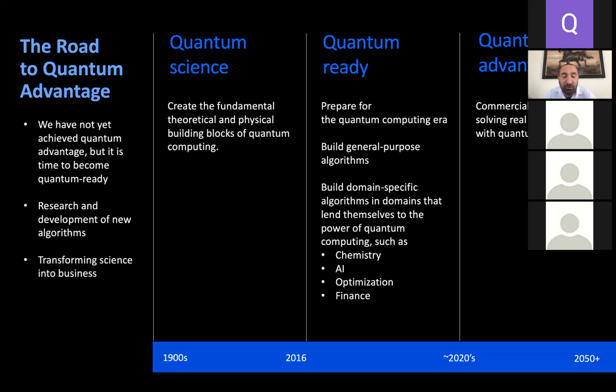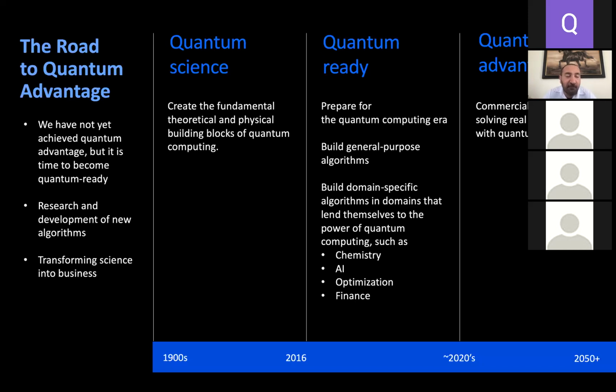Today's quantum computers don't have enough qubits, and even when they have a significant number of qubits, unfortunately they are hindered by quantum noise and short coherence time. So at this point we are on the road to quantum advantage, but we're not yet at the point of having achieved it.